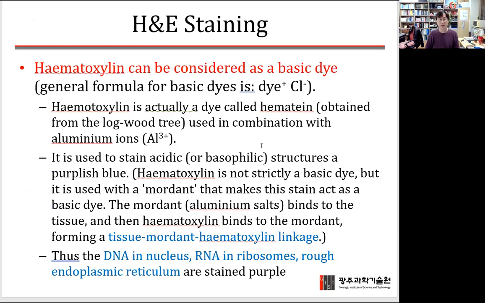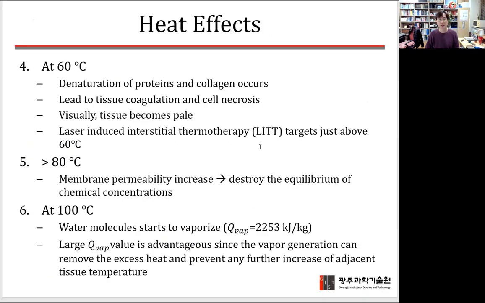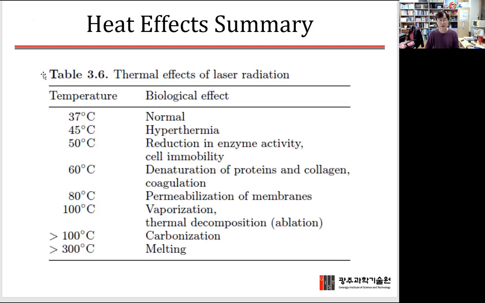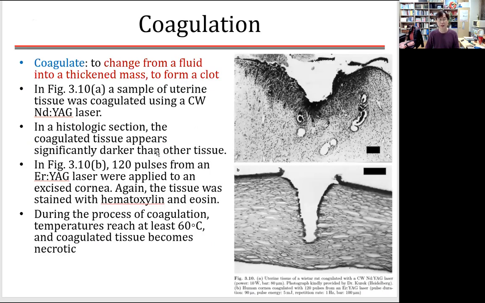So I explained what H&E staining is, and that there are heat effects depending on the temperature. I mentioned that this table is going to be very important for the test.